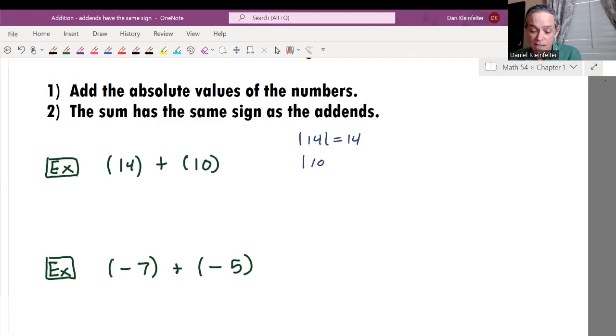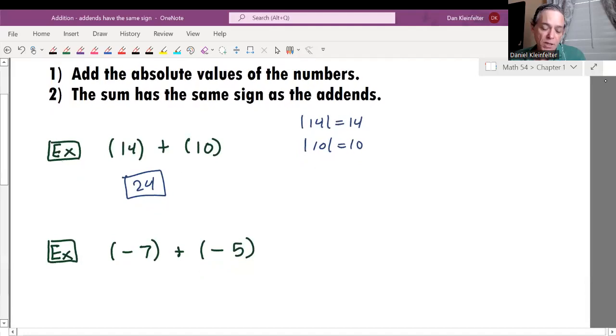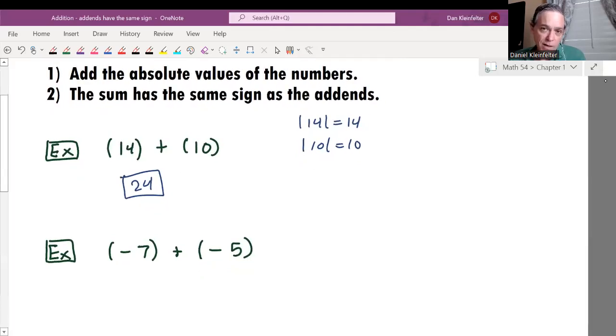The absolute value of 10 is 10. Then add the 2 numbers up. 14 plus 10 is 24. And then the sum has the same sign as the addends. We're adding together 2 positive numbers, so we should get a positive sum. And that's it. So in short, if you're adding 2 positive numbers, just do it the way you always have.